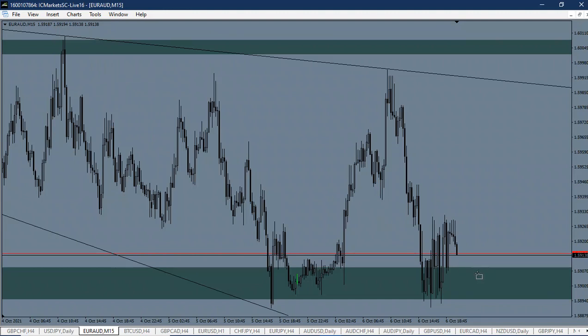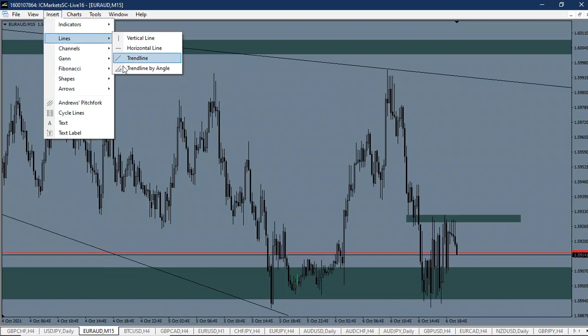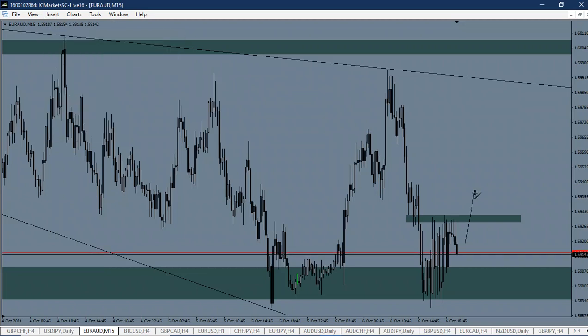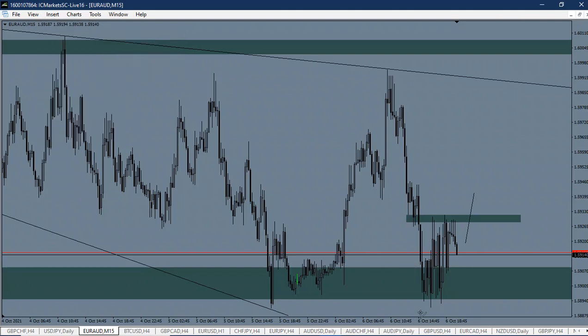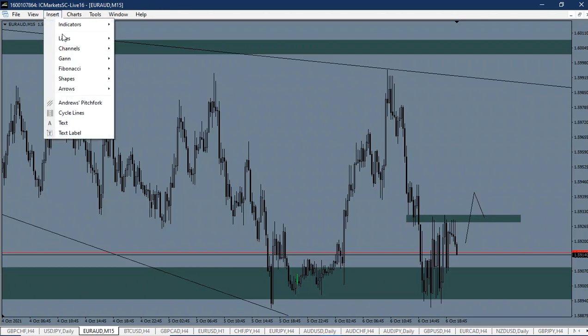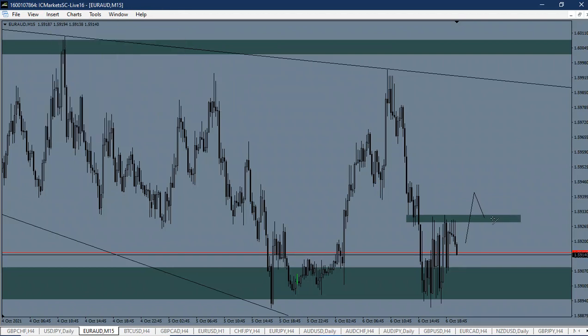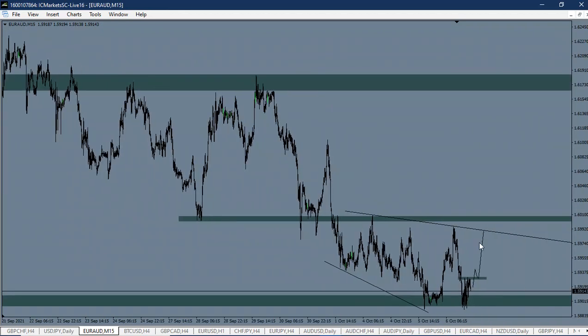So what will validate us going for buys? It will be a cross of this neckline, which will mean this will be our double bottom, a retest, and then the price will push towards the upside, and from there on we'll be waiting to see how the price reacts when it gets to this area here.